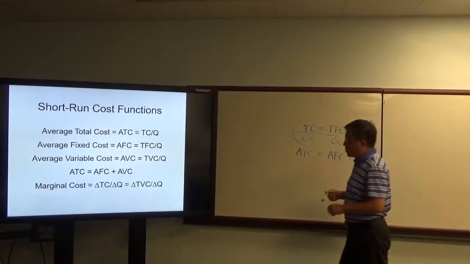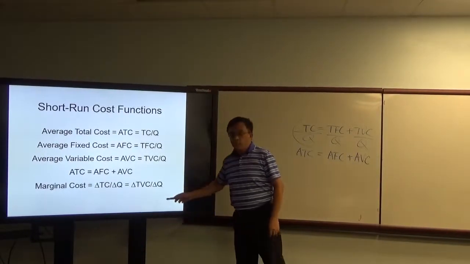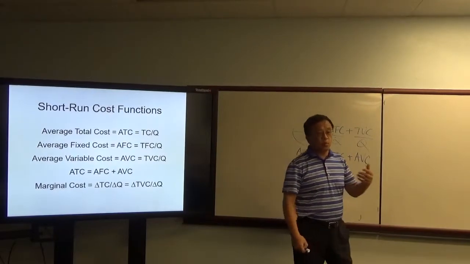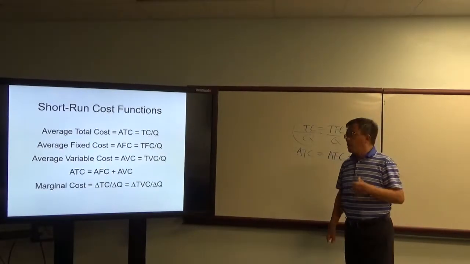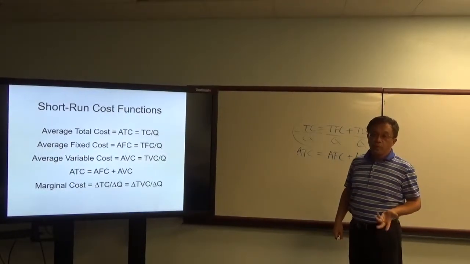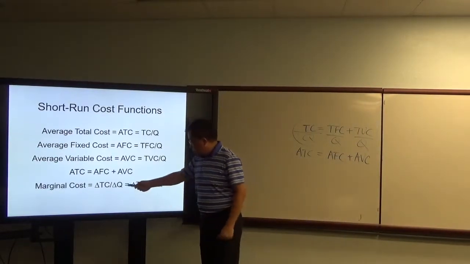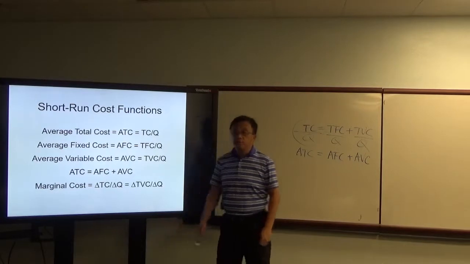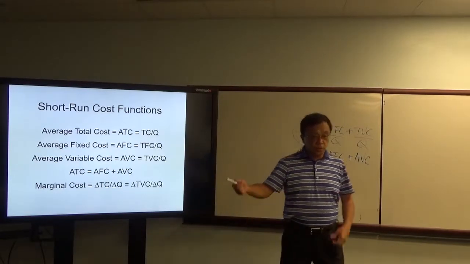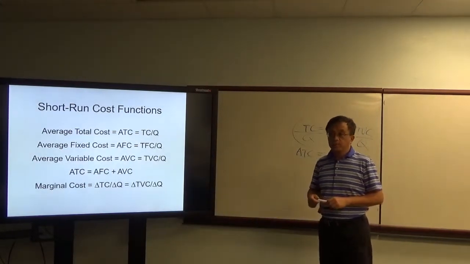And how about the marginal cost? What does marginal mean? Additional. Additional cost if you produce more. So the marginal cost is basically the change in total cost versus the change in total output level.